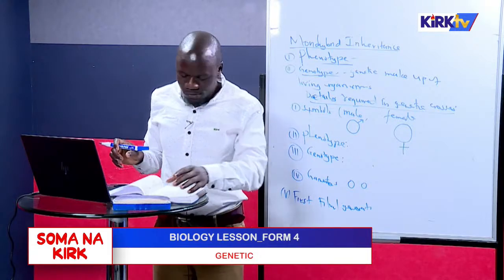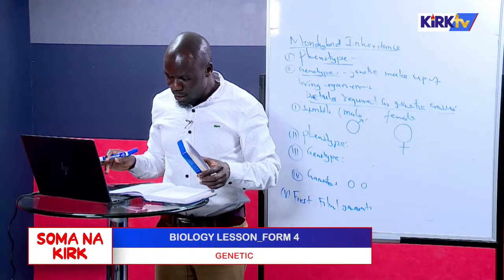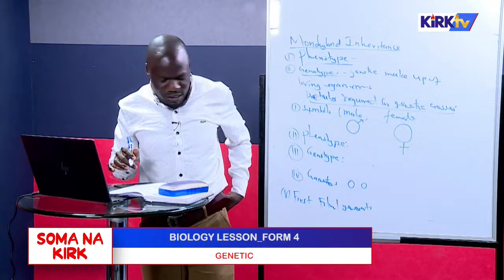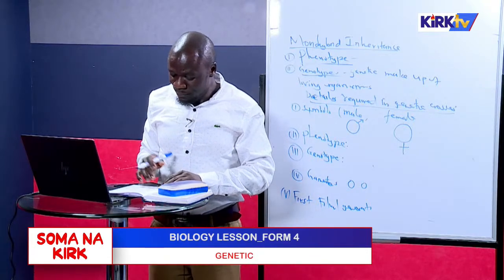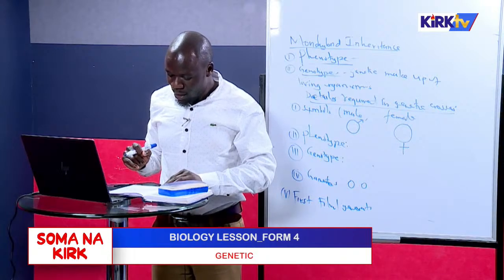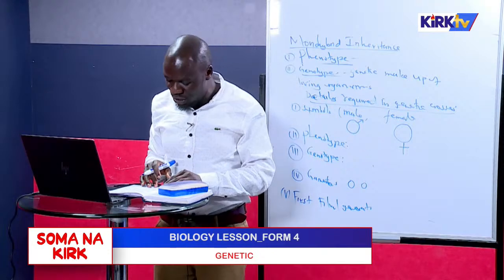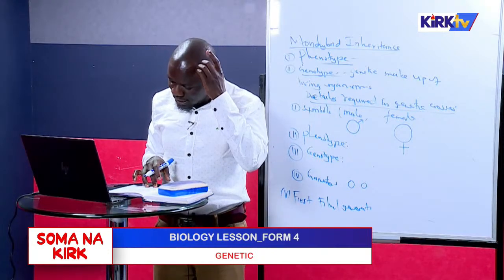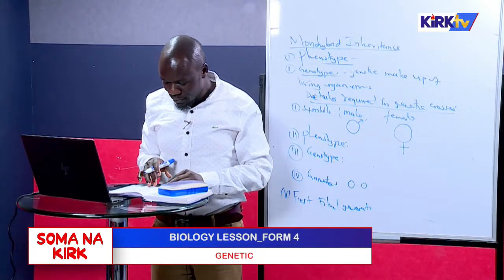In this case, I want to read a very good example to show monohybrid inheritance. In a garden pea, the gene for red flowers is dominant over the gene for yellow flowers.